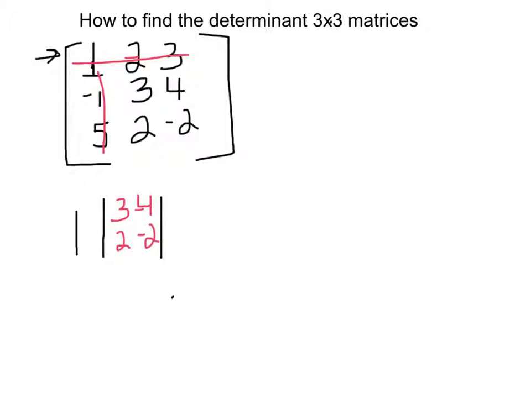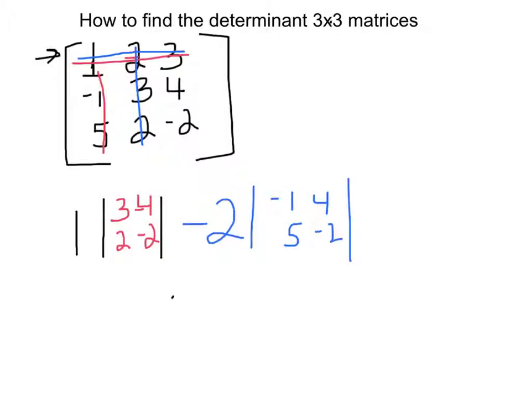And then your next one, we'll do in blue, is the 2, which since it's an odd row and an even column, which gives you an odd number, we're going to change the sign of that one or multiply it by negative 1. And so we have negative 2 times, well, you cross out that row and that column and you're left with negative 1, 4, 5, and negative 2.